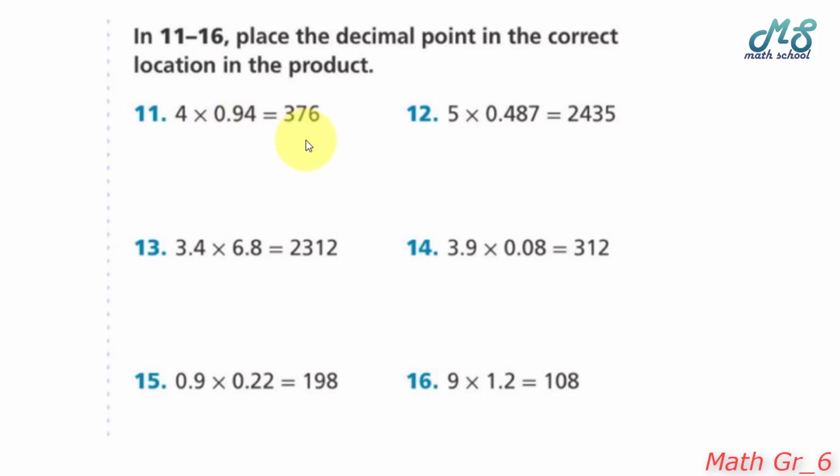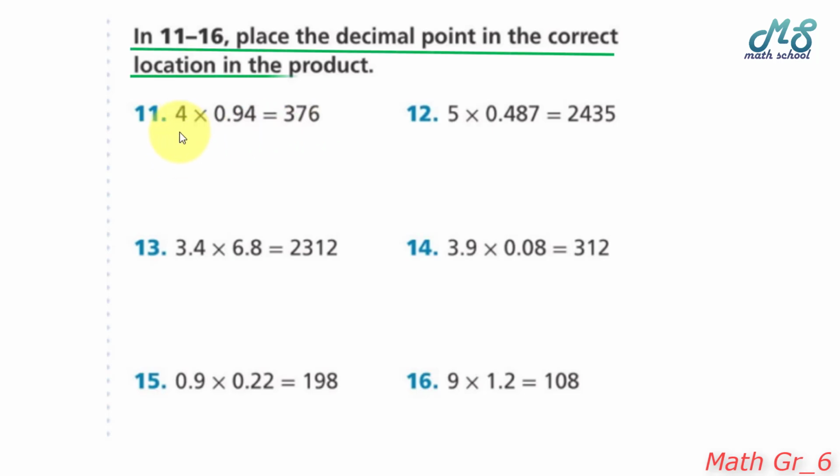Then insert the decimal point in the product according to the decimal factors. The first factor has no decimal point. It's a whole number, so 0 decimal places. The second factor has two decimal places.